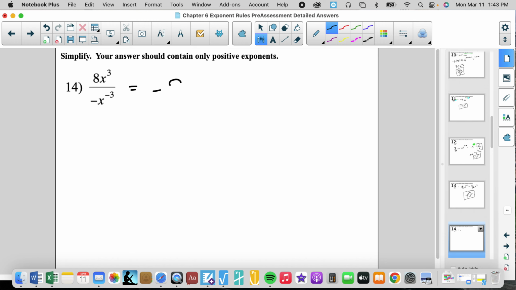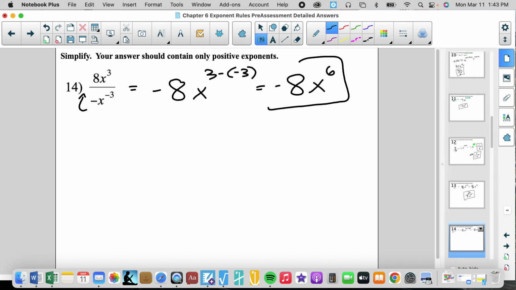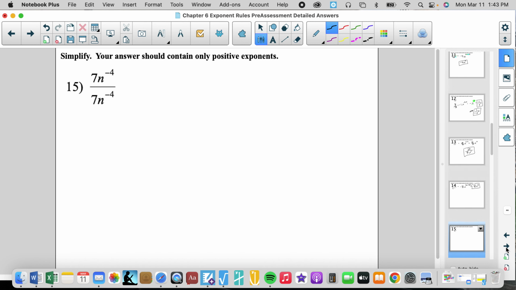Here's that negative again. We have x to the 3 minus -3. And all I did was move this negative up because it's not quantity of. So that gives me -8x to the 6th. 7 over 7 equals 1.